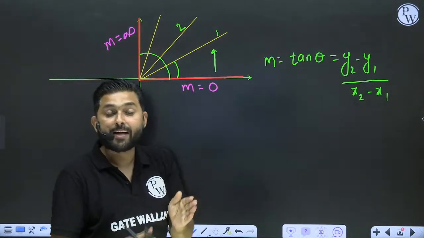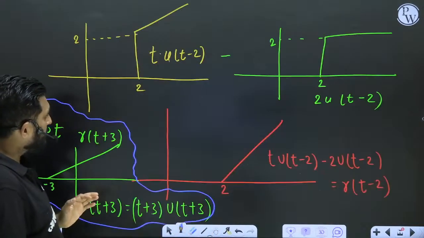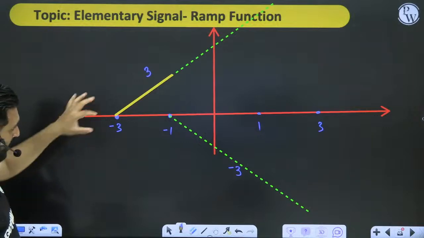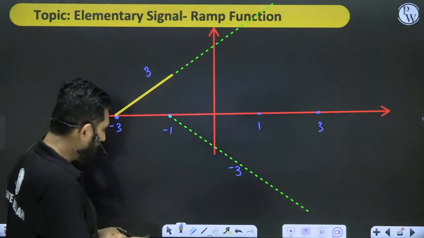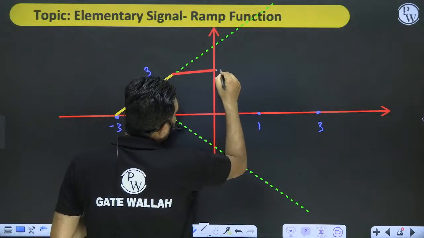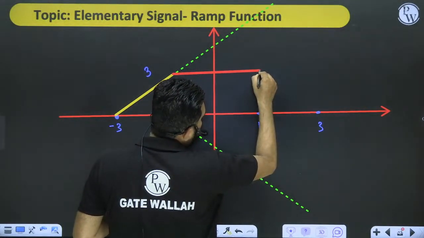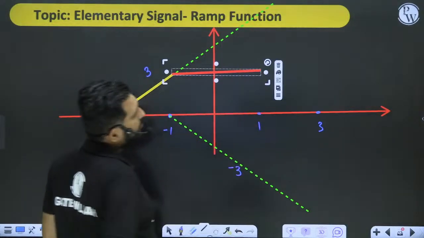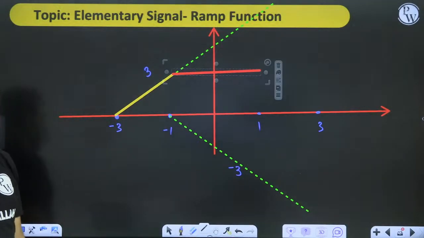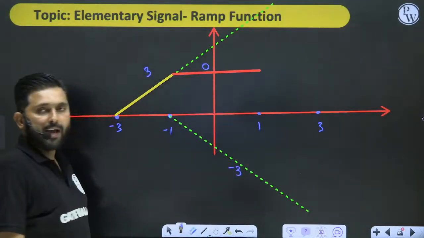If I have an infinite slope, then I have a line parallel to y-axis. This means that after this one, I will get a 0 slope line. So this line is having a 0 slope.